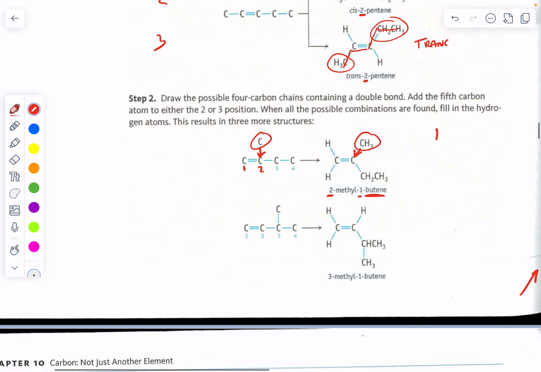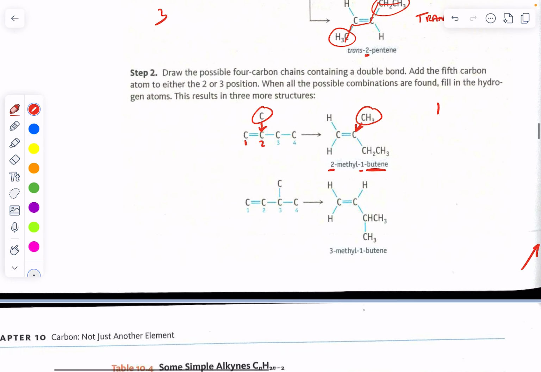Now we have more isomers down here. We can also put the methyl group off of carbon number 3. There it is off of carbon number 3. So even though this attachment is closest to this end of my carbon chain, the double bond is closer to this end of the straight chain of 4 carbons.